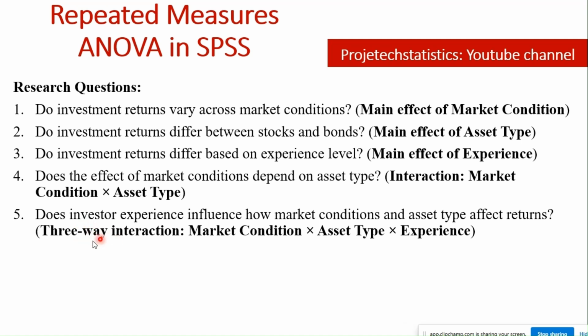So this is a three-way interaction where you now have market condition, asset type, and experience level. So generally, this is how your hypotheses and research questions will look when you are running a mixed design repeated measures ANOVA.